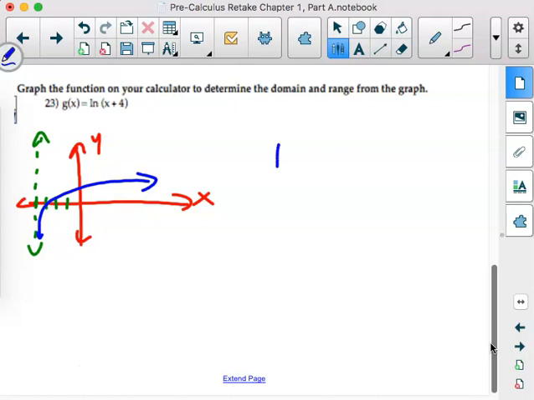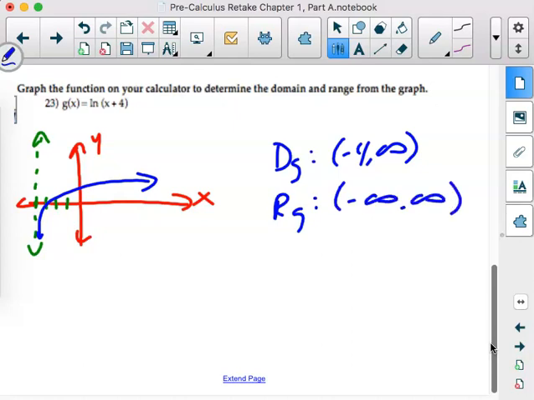So the domain of g would be from -4 to infinity, not including -4, because that would be an asymptote. And then the range of g would be from -infinity to infinity, because that is going down and up forever.